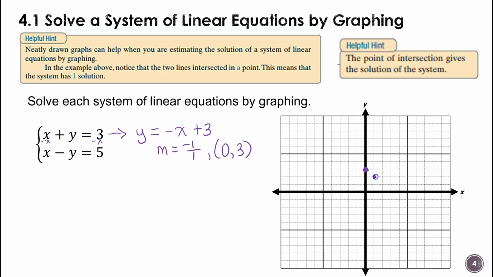I count down 1, right 1, and then down 1, right 1. I usually do this a few times because sometimes that helps us find the intersection if we keep counting. Of course, we haven't even started graphing the other one yet. So I put a few of those there, and then I'm going to draw this line.